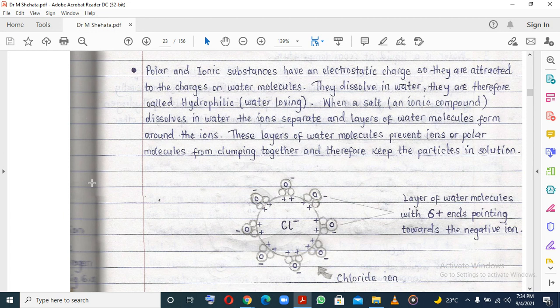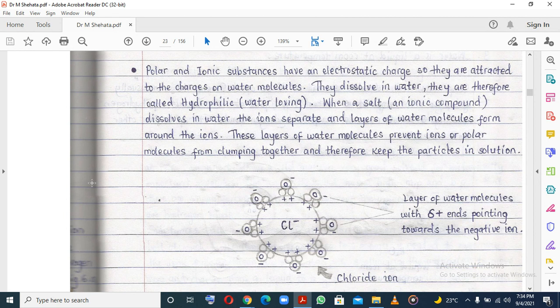It's those positive hydrogens, okay? Remember, opposites attract, right? So you don't expect the oxygen part of the water to interact with a negative ion. That wouldn't happen, right? So that's something you would want to take note of.